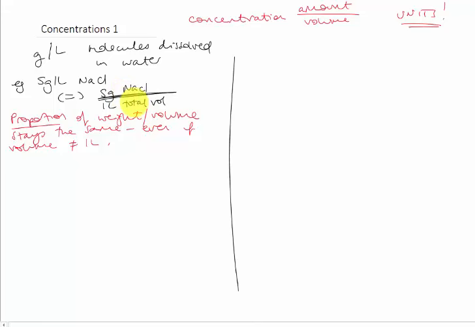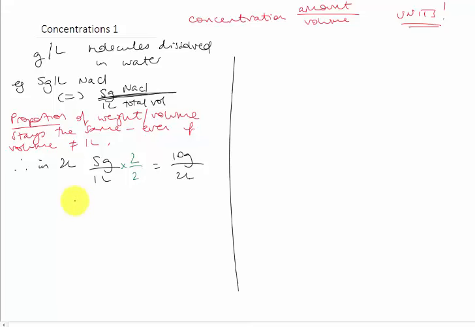So if we've got this 5 grams per litre solution of NaCl, then in 2 litres, for example, we've got 5 grams in 1 litre, and we want 2 litres, so we're multiplying that by 2, but then we've got to multiply the top by 2 as well, so that the whole expression stays the same, because this proportion needs to remain the same. That would give us 10 grams in 2 litres.